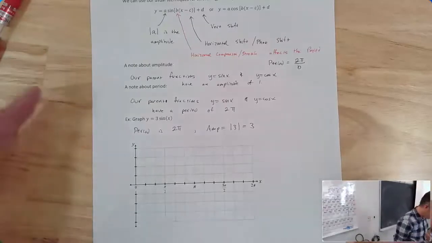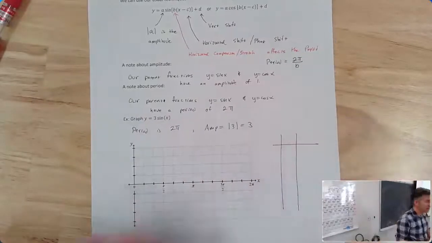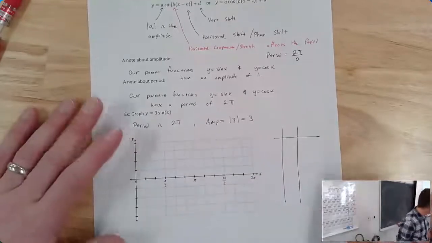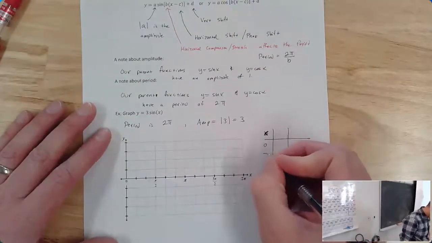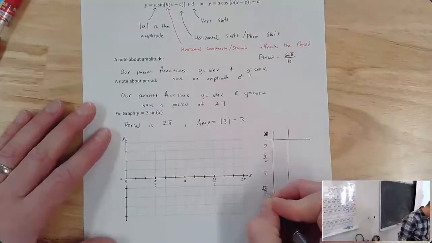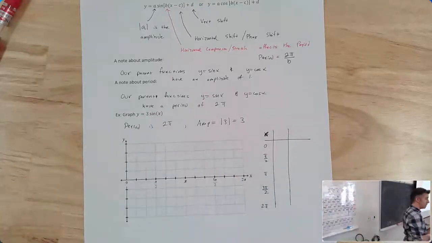So in our previous graphing of sine, we had the following points. And again, I don't think you need to make these tables, but I like making them to kind of show what's happening. So previously, we graphed our usual nice angles: 0, pi over 2, pi, 3 pi over 2, and 2 pi. Those were the usual inputs if we don't change the period.